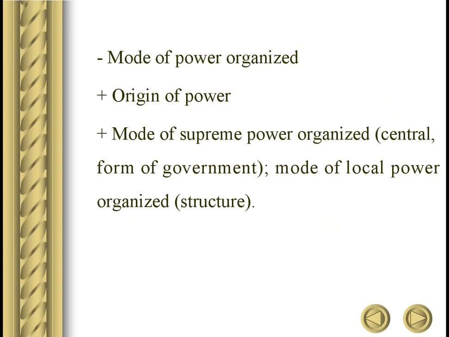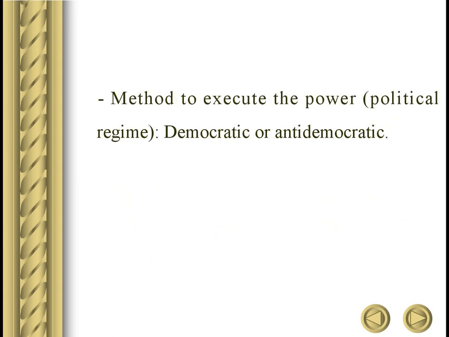But if you talk about the mode of local power organized, we're talking about the structure of state. And for the way to perform the power, normally we say a political regime. There are two ways to perform the power: democratic and anti-democratic.